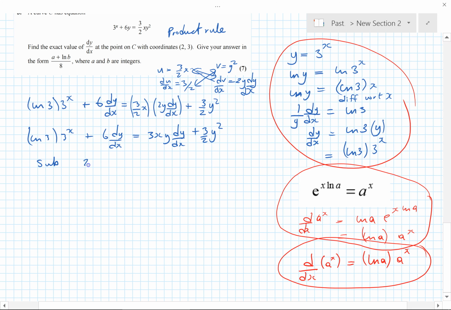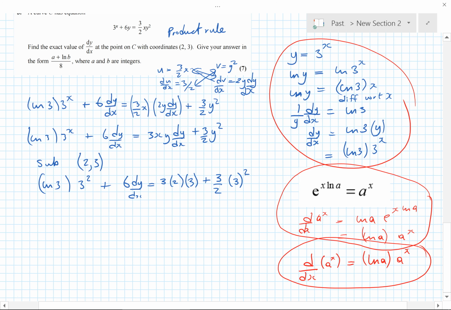So sub 2, 3. So we're going to sub 2, 3 in, and we have ln 3 times 3 squared plus 6 dy by dx plus 3, equals 3 times x, which is 2 times 3, plus 3 over 2 times 3 squared.